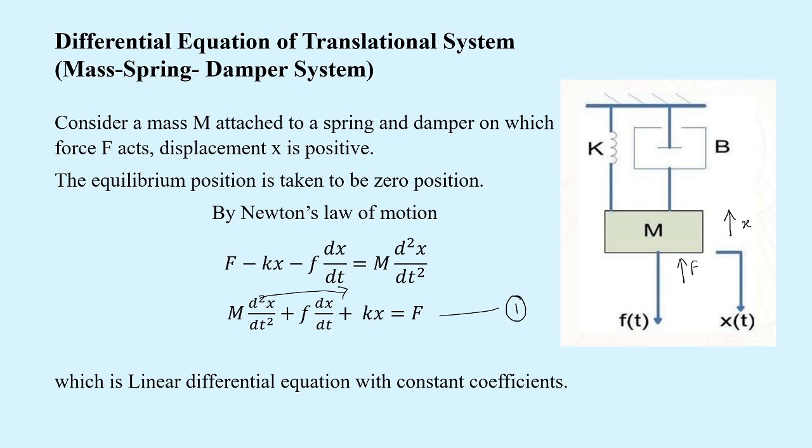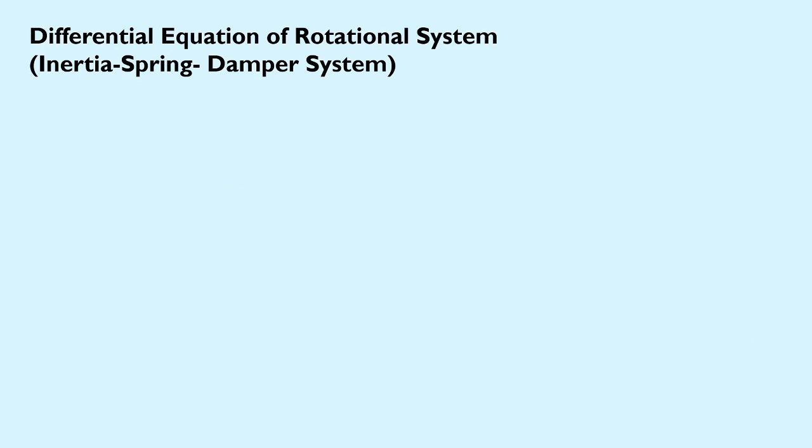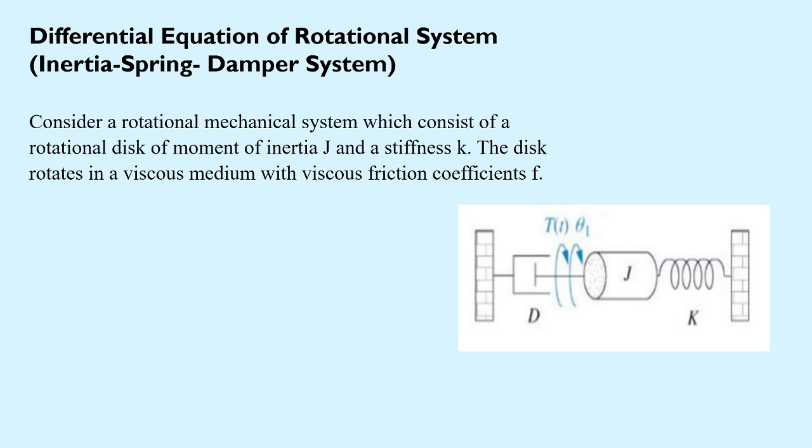Similarly, we find out the differential equation for rotational system. Here, inertia spring damper system. Consider the rotational mechanical system consists of a rotational disc with inertia J, stiffness K, and the disc rotates in a viscous medium with viscous friction coefficient, which is denoted by small f. Then T is the applied torque.